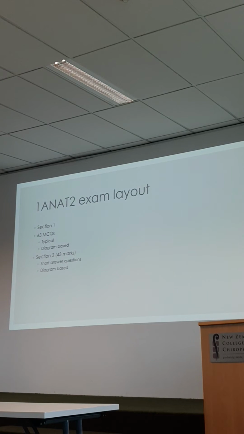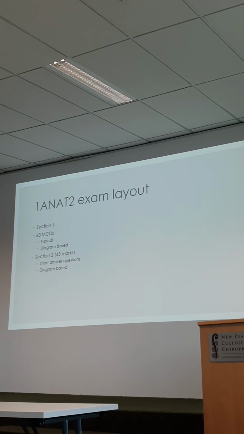Okay. So, exam layout for both exams. So, anatomy 2 exam layout. They're both 90 minutes. Section 1 is your typical MCQ questions. You've got both typical and diagram-based, like the ones that we had today for anatomy 3, matching labels to the diagram.